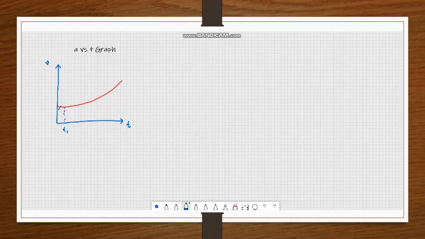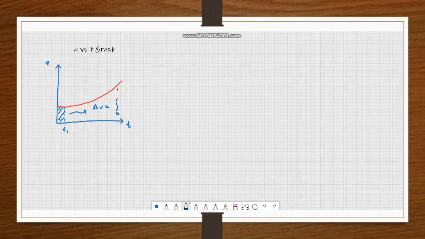So the velocity is the area under this curve, which we can define as delta v, which is the change of velocity, not exactly the point velocity, but the velocity change between 0 to t1, right?